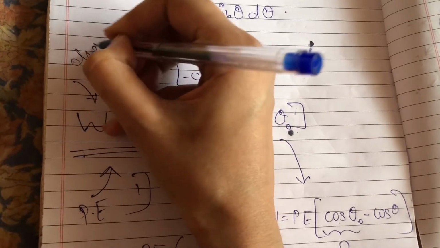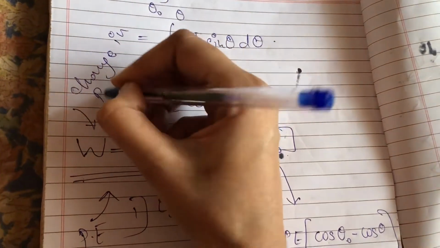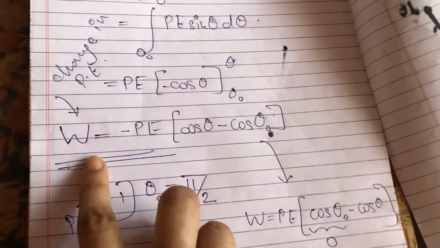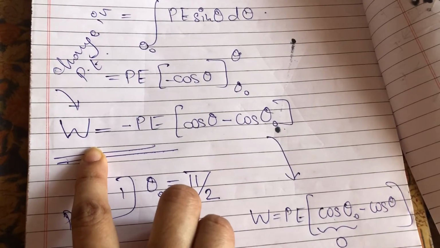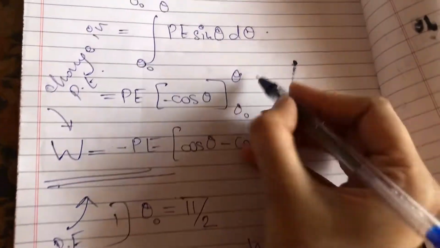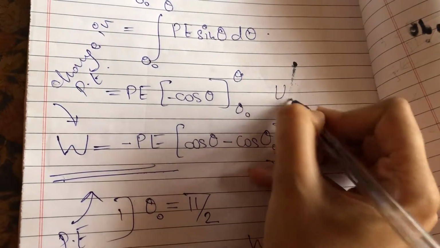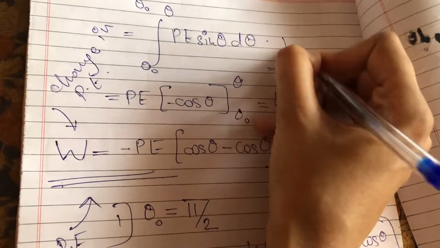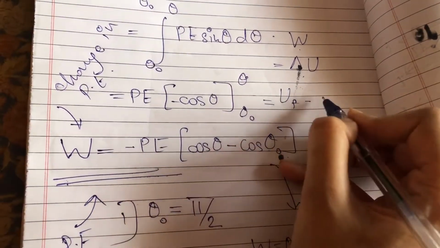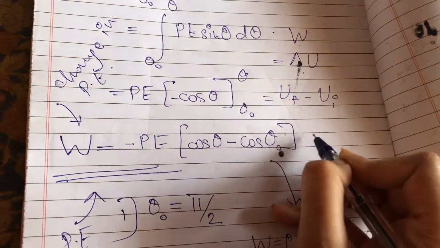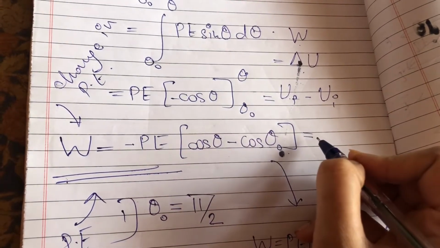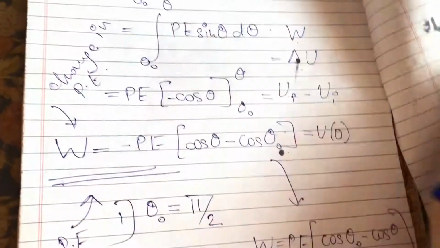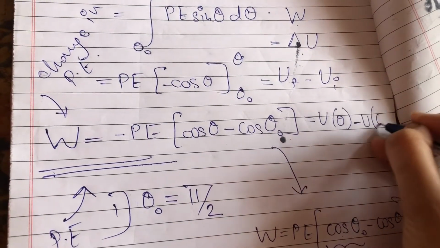This work done is change in potential energy. Okay, this work done is change in potential energy, and where from where does the change occur? Work done is change in potential energy. Change means final potential energy minus initial potential energy. What is final potential energy at final point? At final point we have taken the angle as theta, and for initial point the angle is theta naught.